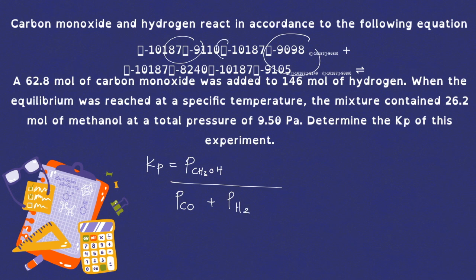But bear in mind you have 2 here, so you need to have it to the power of 2. So in terms of calculating this, you need to know the partial pressure. Because we already calculated just now, we're just going to plug in the value inside your Kp.